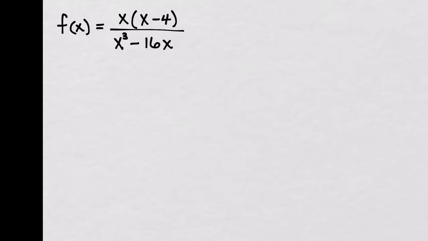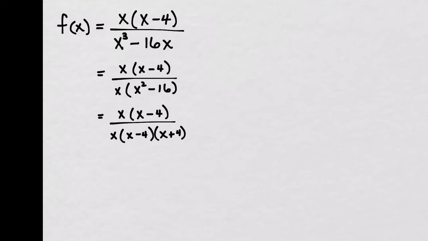In this problem, we have f of x equals x times x minus 4 all over x cubed minus 16x. So again, I'll factor, and since the numerator is already factored, I'll just go ahead and factor the denominator. Okay, so now we have x times x minus 4 in the numerator, and then x times x minus 4 times x plus 4 in the denominator.